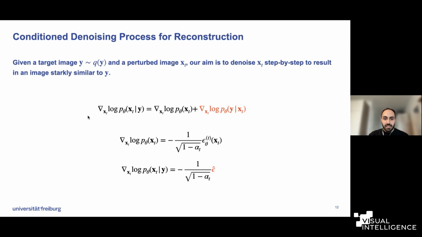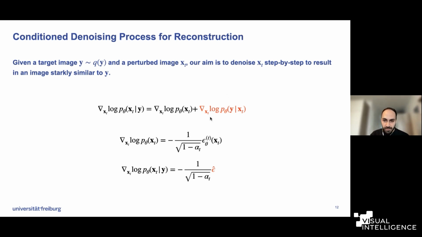So once we have this conditional score function, we can use the Bayesian rule and decompose it into two different terms. The first one, again, is the unconditional score function, which we saw in the previous slide. And then we also have this likelihood score function. We try to write it one by one, step by step, to see what we can achieve from this formulation.